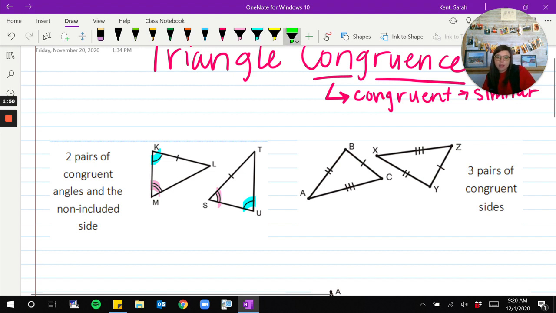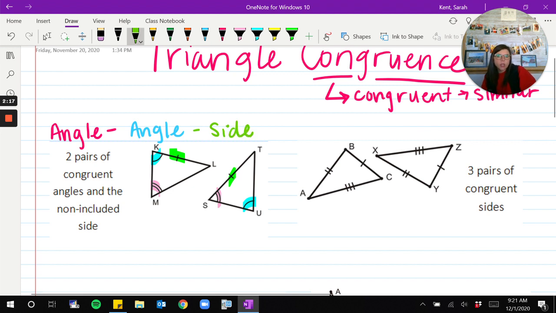And lastly, we have a side, a side. So we have an angle, a second angle, and a side.